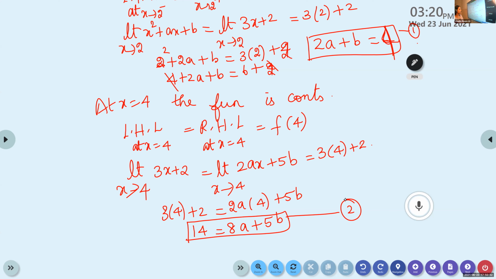So when you solve this, what will you get? 2a plus b is 4. 8a plus 5b is 14.